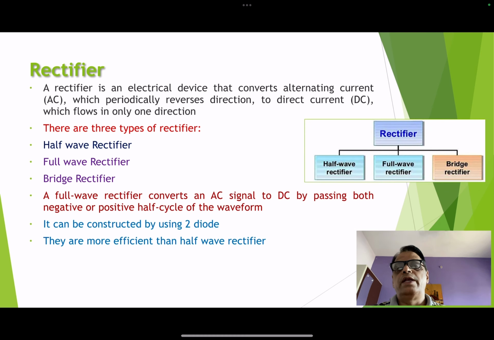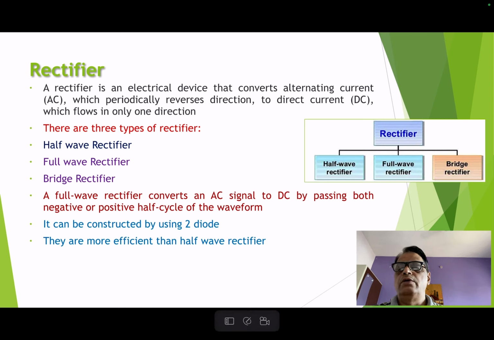We know that rectifier is a device which will convert the input AC voltage into DC. So AC means periodically the current can change the direction or can reverse the direction, while DC is the current which will flow in only one direction.